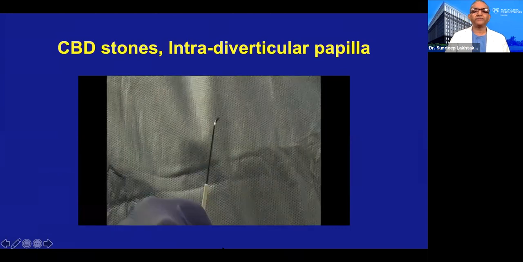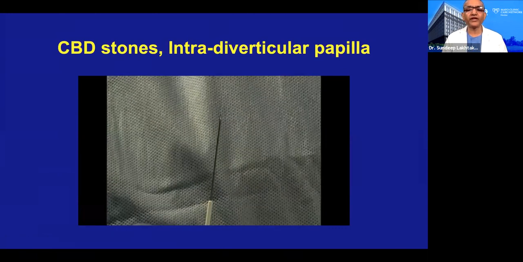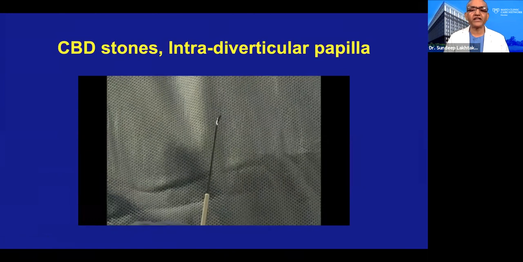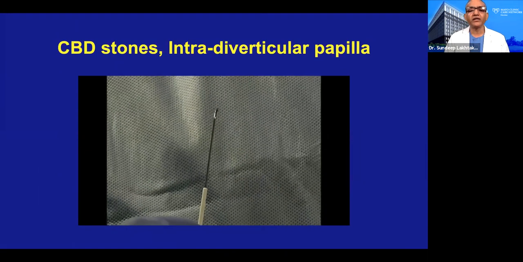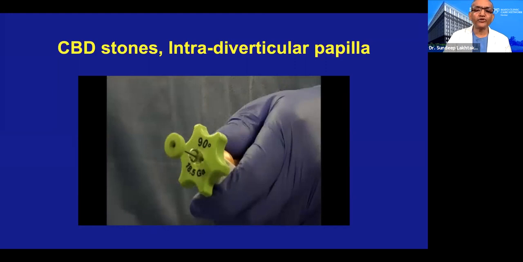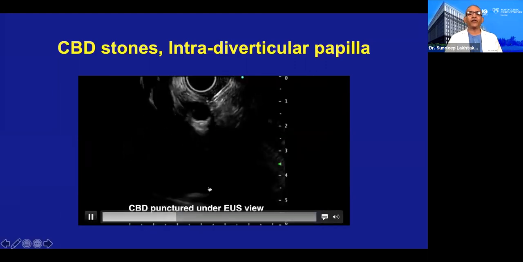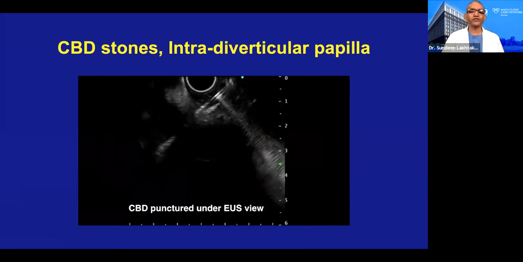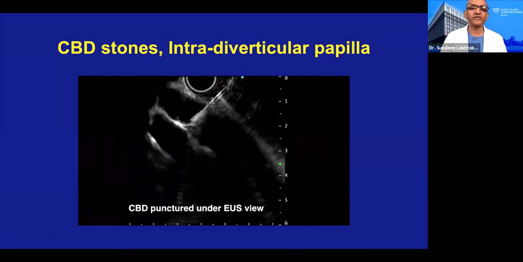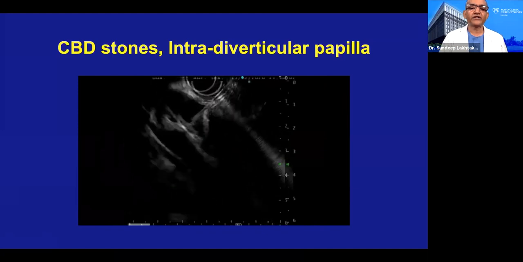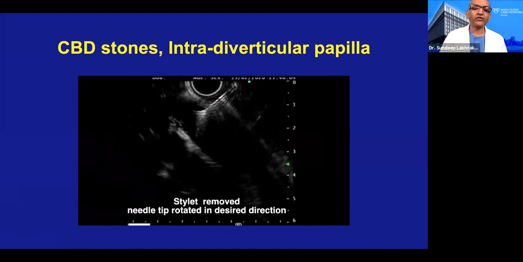So we used the Beacon needle, as you see ex vivo, how it rotates once the stylet is pulled back. It comes in 2 forms, 90 degrees and 180 degrees, depending on how much curve you want, and you can choose the needle accordingly. So this was a CBD which is grossly dilated, punctured, and then on withdrawal, you can turn around.